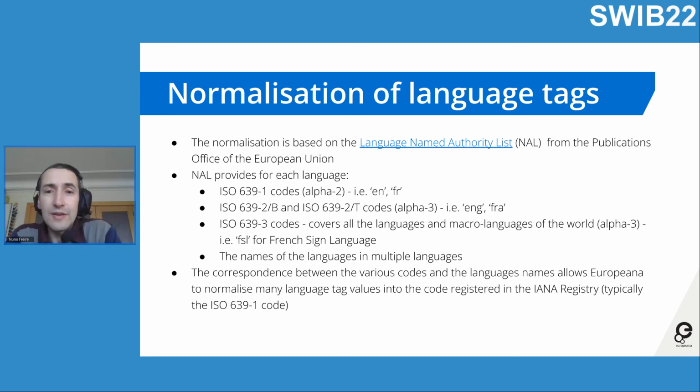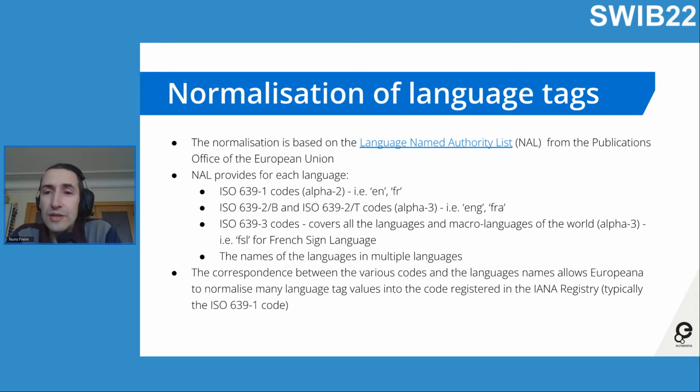So the language normalization that Europeana has in place is based on a vocabulary which is published by the Publications Office of the European Union. It's called the Language Named Authority List.